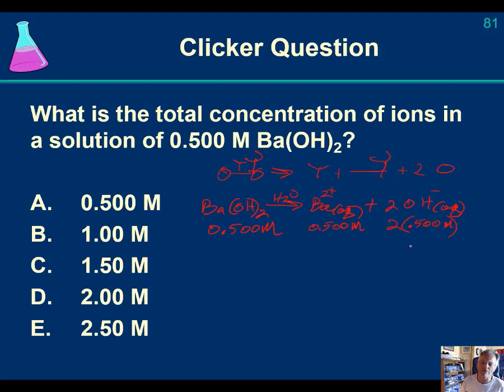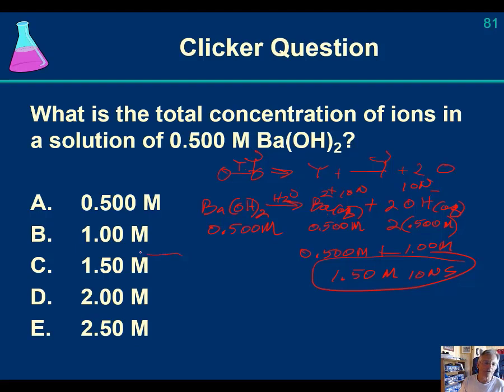Well, 2 times 0.5 is going to be 1 molar, and then I have 0.500 molar here, and so I'm just going to add them up. Add those two up, and you get 1.50 molar if what we're talking about are ions. This is an ion. This is an ion, and it's 2 for 1.